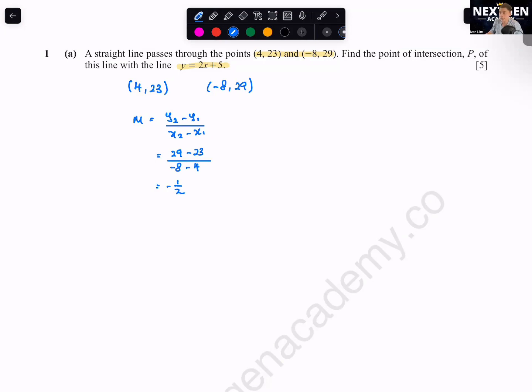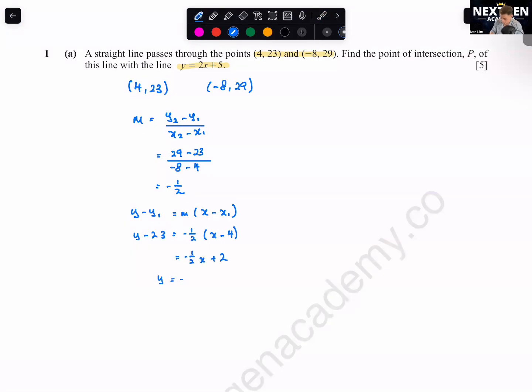Your gradient, you get negative 1 over 2. Then we will use the formula y minus y1 equals m times x minus x1. Just select any point. I will choose (4, 23) and use m equals negative 1 over 2. So y minus 23 equals negative 1 over 2 times x minus 4. Simplify it.